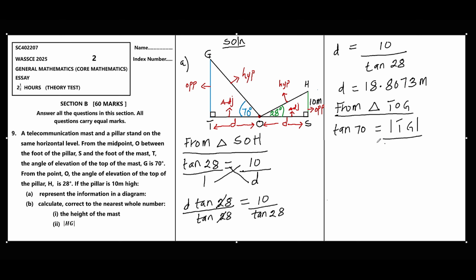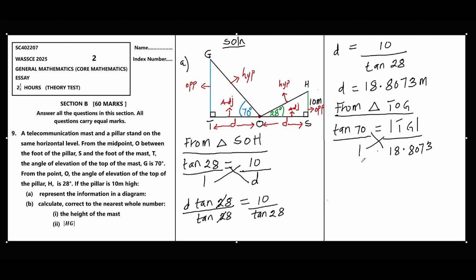So opposite over adjacent. Adjacent is D. And then for D to 4 decimal places, we had 18.8073. So tan 70 is the same as tan 70 on 1.